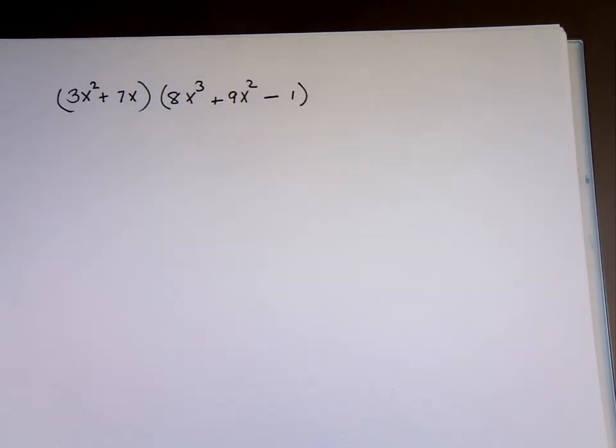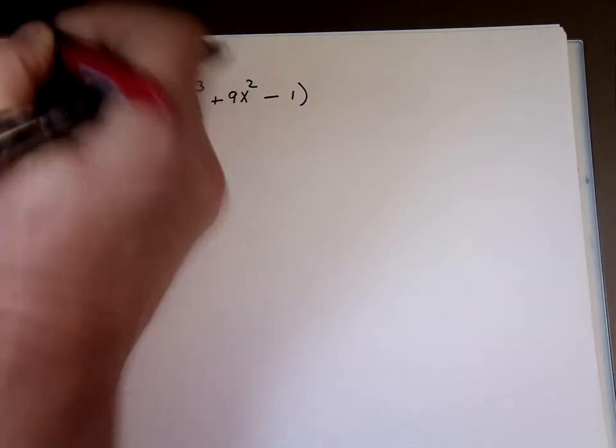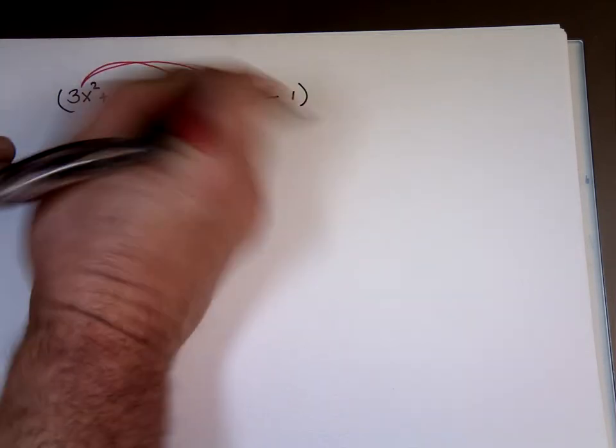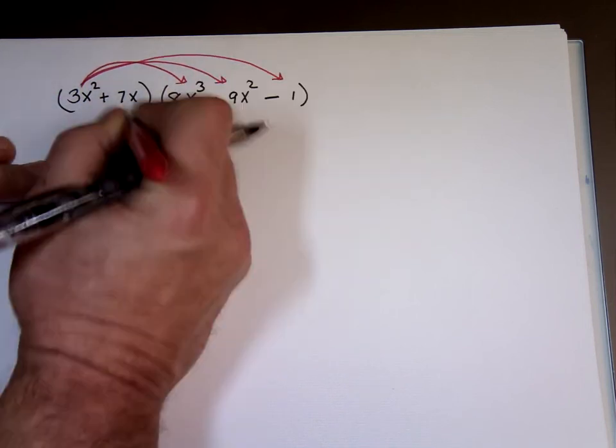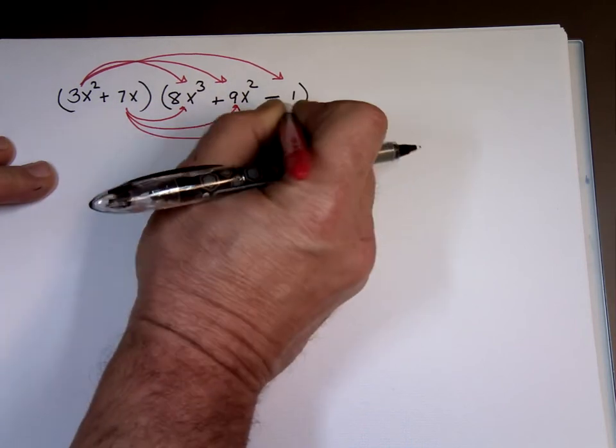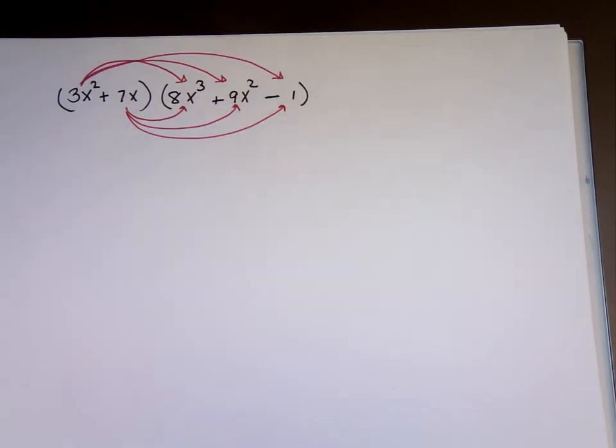I'm going to do the same thing. I don't care if I have 3 terms there, 4, 5, 6, or 50. 3x squared times 8x cubed.